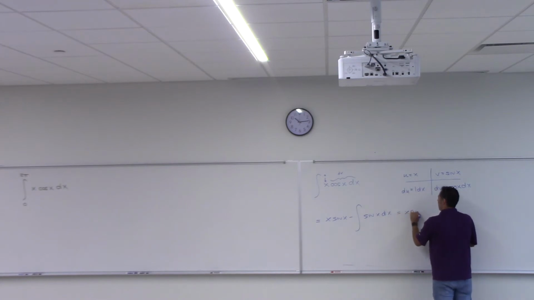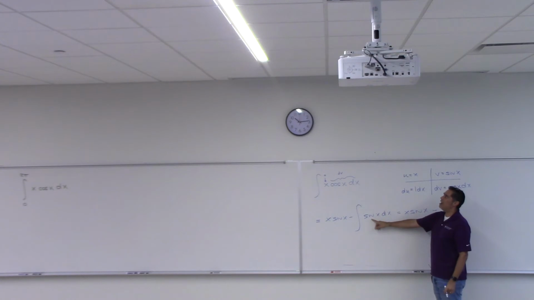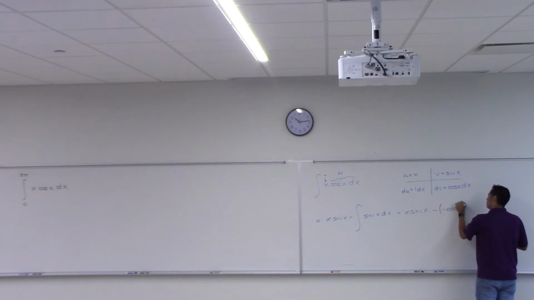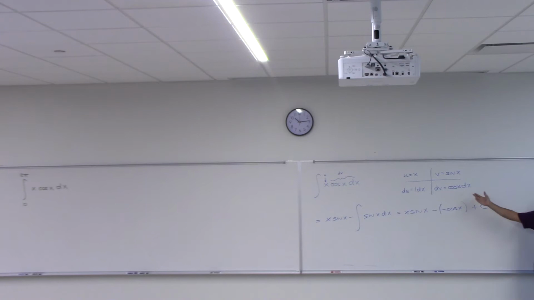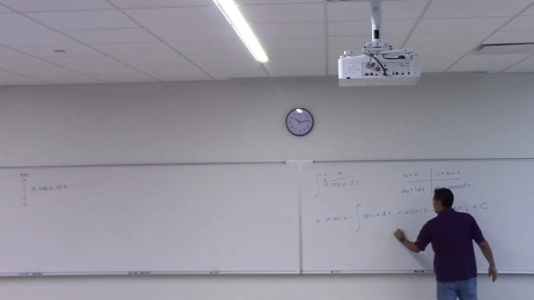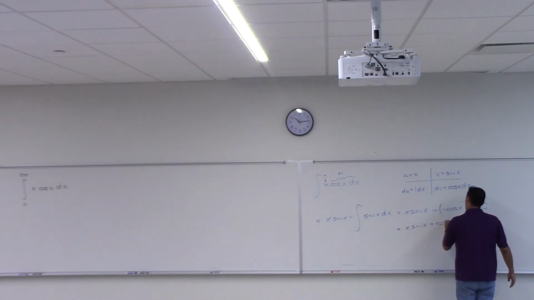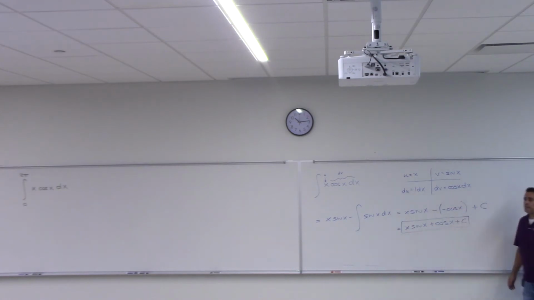This is x sine x minus the antiderivative of sine, which is negative cosine of x, plus some constant, because I'm doing an indefinite integral right now. So x sine x plus cosine x plus a constant. That's my antiderivative.